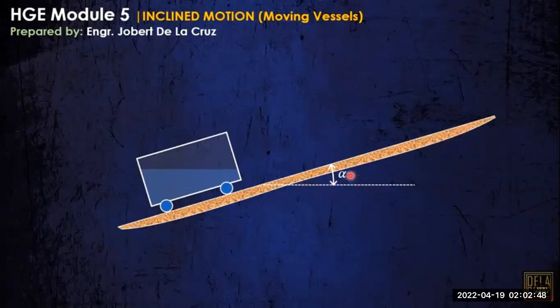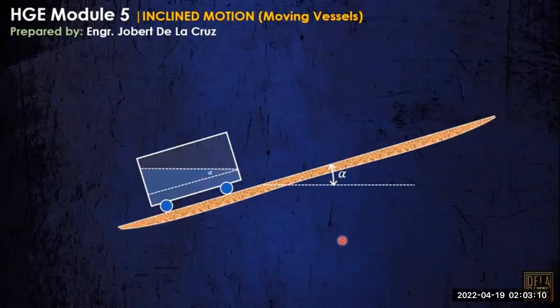at angle alpha with the horizontal. Of course, this water is also angle alpha, no? I mean, this water level, horizontal yan initially. Now, that water level will also be angle alpha with this ating horizontal plane. No?